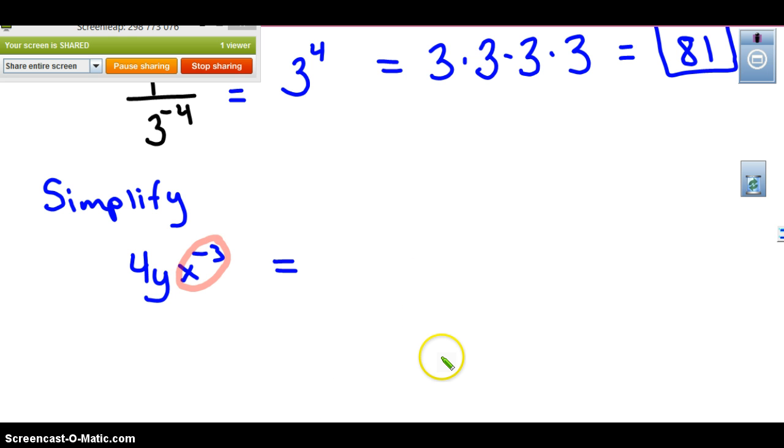According to what we've done today, what do we do to make that negative exponent positive? Denominator. The denominator means down here, right? So what happens to 4 and y? Where do those go? Numerator. 4 and y.